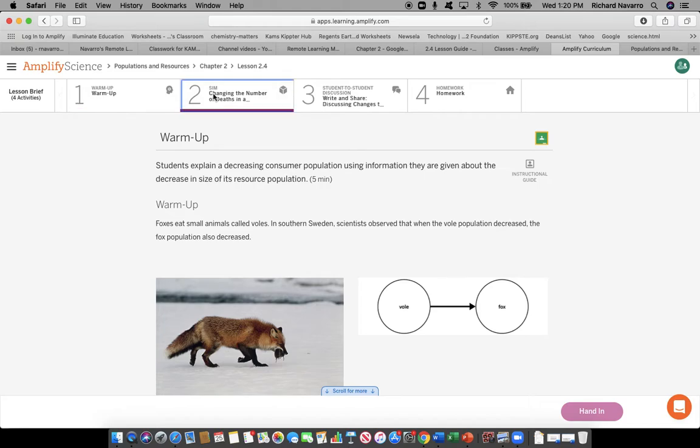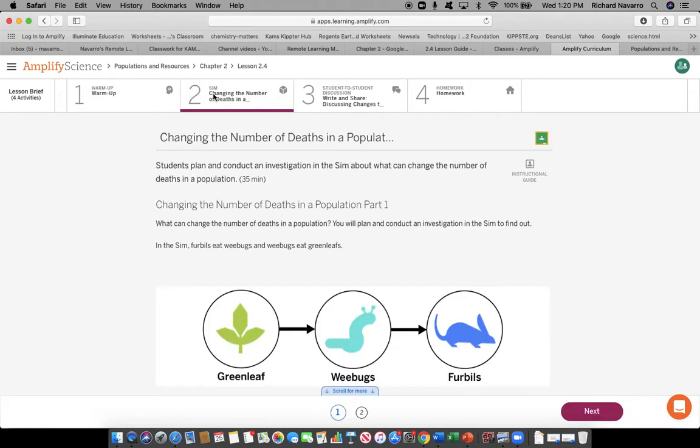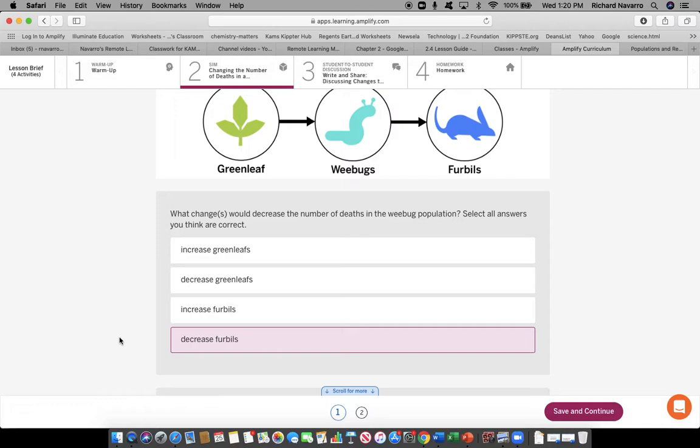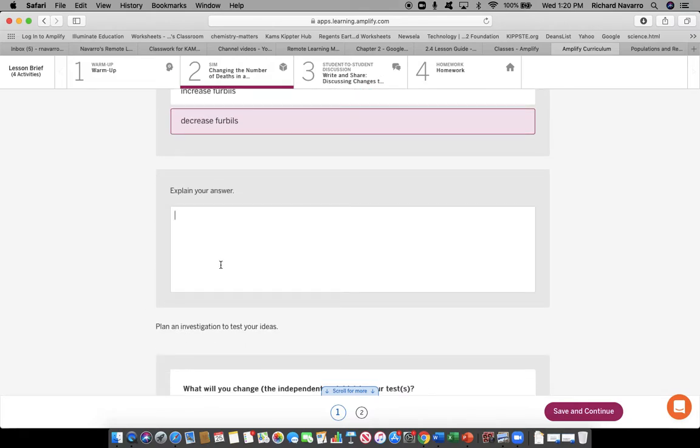So when we go to our tracking system, the thing that we were going to do that was going to decrease the number of deaths in the wee bug population was decrease furbles. We do so because furbles are predators and a consumer population.